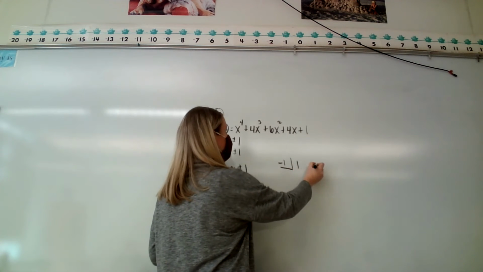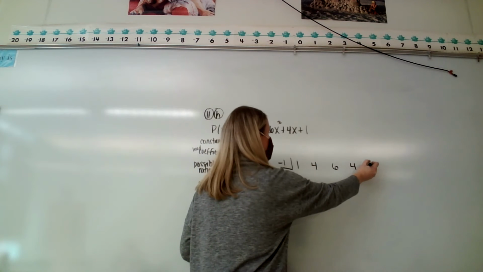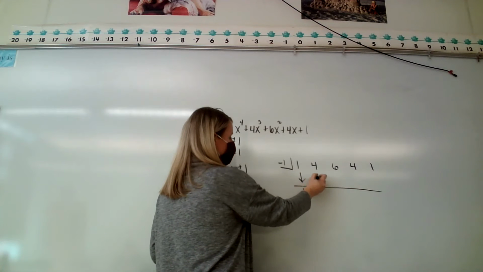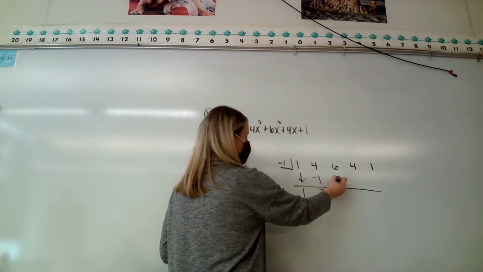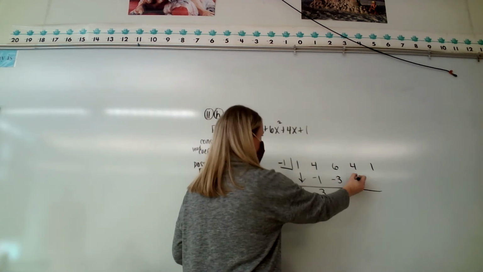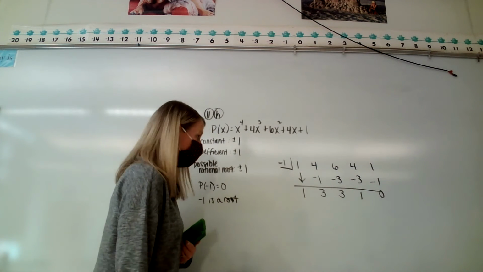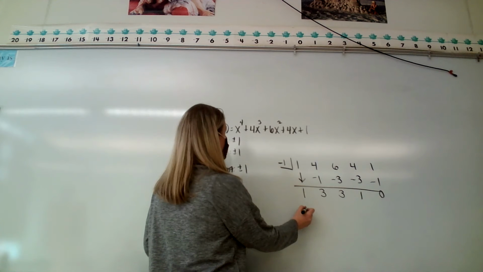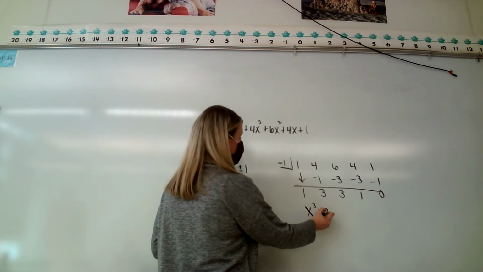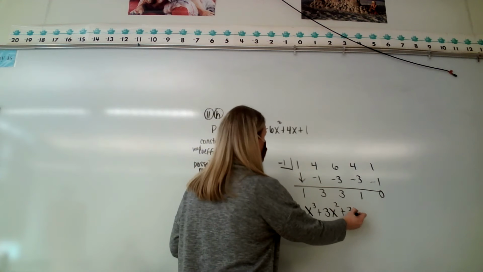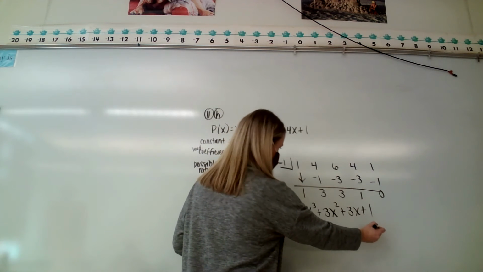So we would have 1, 4, 6, 4, 1. Negative 1 gives 3, negative 3, 3, negative 3, 1, negative 1, 0. So I'm left with x to the third plus 3x squared plus 3x plus 1.